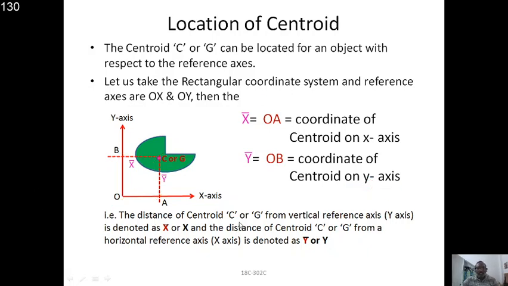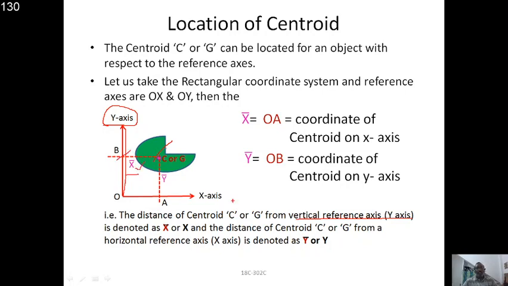The distance of the centroid CG from the vertical reference axis: if I take the vertical reference axis, the y-axis, what is the distance of the centroid? If I talk about the y-axis, please understand, what will I get? X bar.